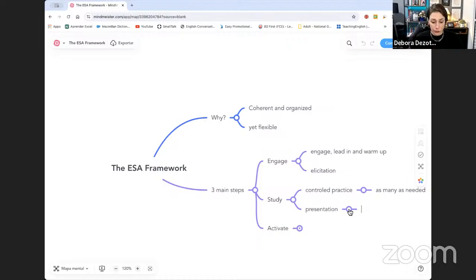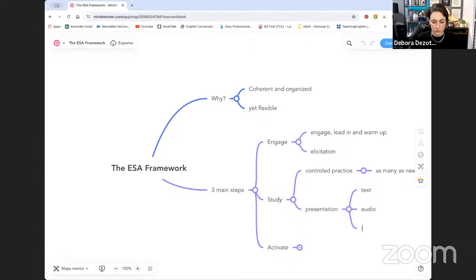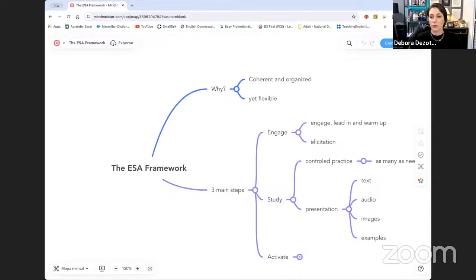Here, you can use text to present. You can use audio to present. You can use images to present. So you can use a lot of different examples. Yes, I love using examples to present.